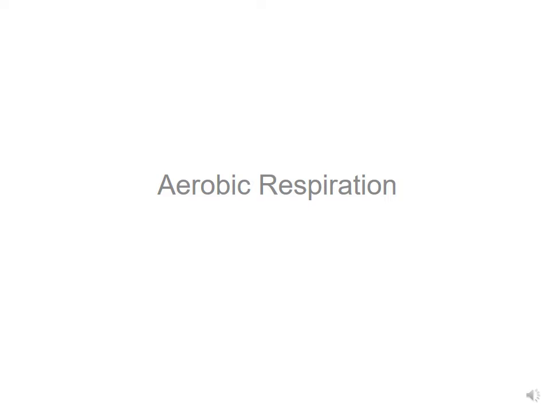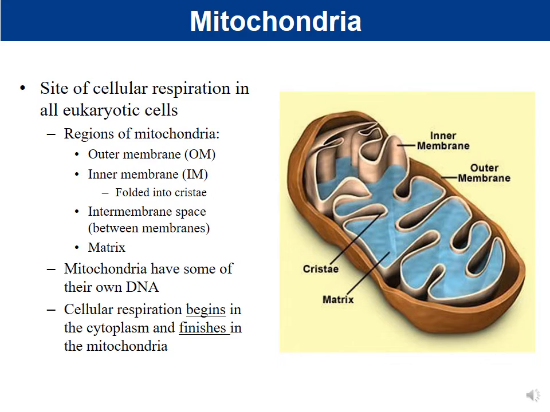So in this next part, we're going to focus on aerobic respiration. In eukaryotic cells, cellular respiration takes place in the mitochondria. And if you recall, when we talked about mitochondria, it is a double membrane system.